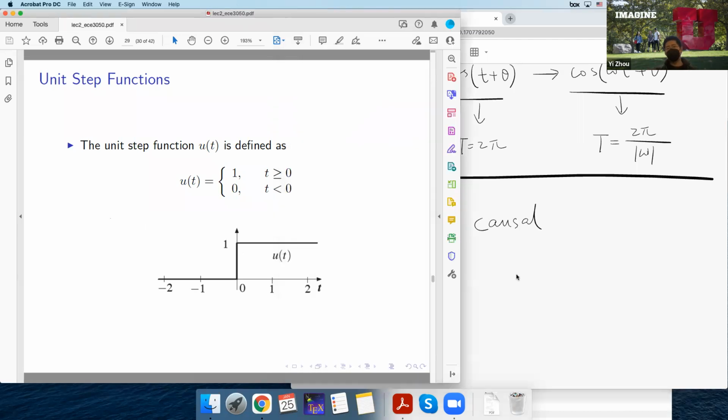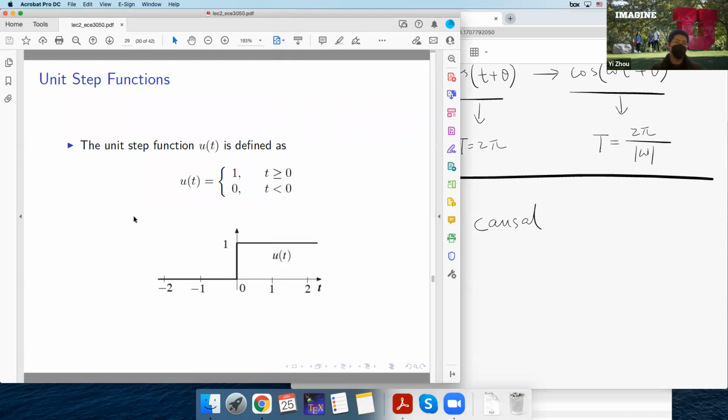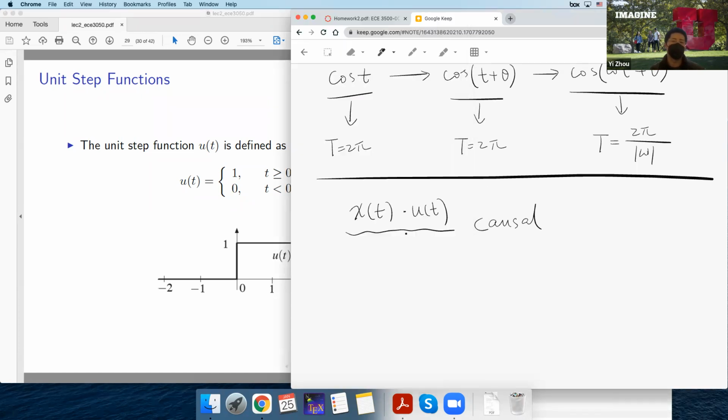Because by the property of u(t), this u(t) will only preserve the signal x(t) when t is greater than or equal to 0. For all the negative t's, u(t) is 0, so you have 0 signals when t is less than 0. So this makes every signal causal by multiplying it by u(t).